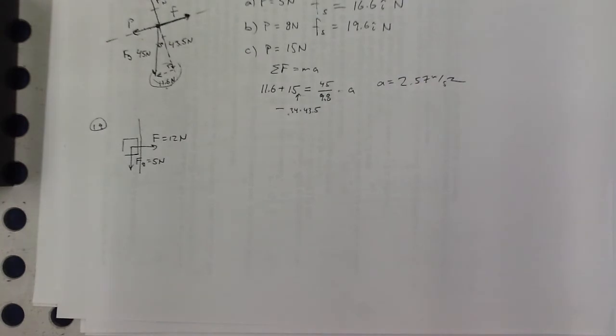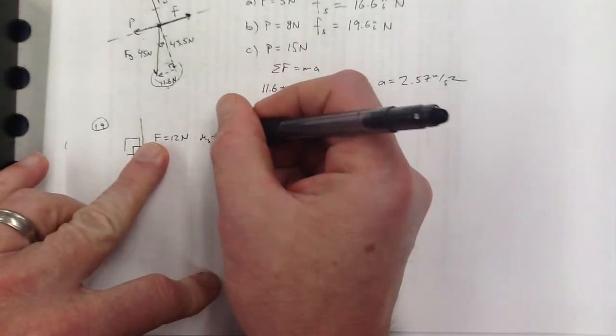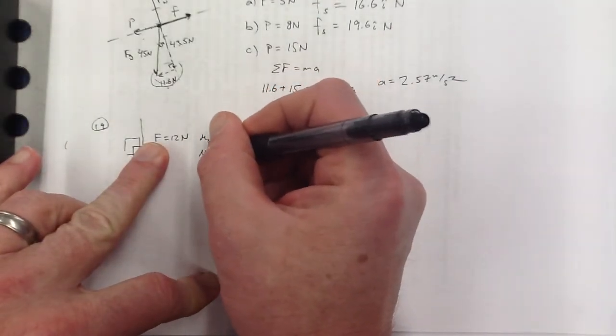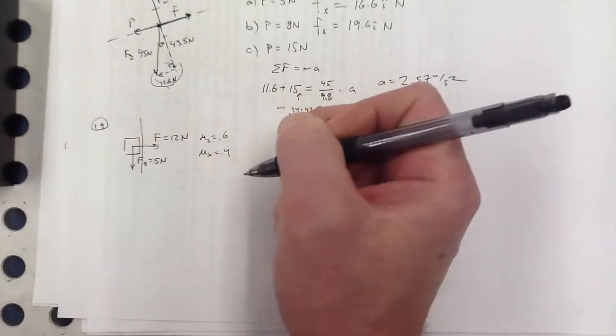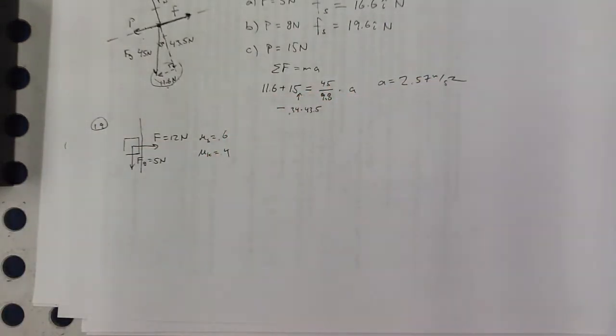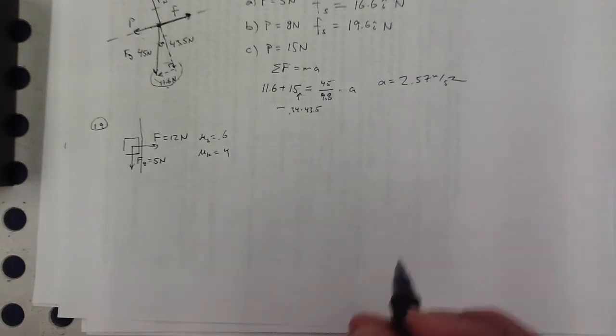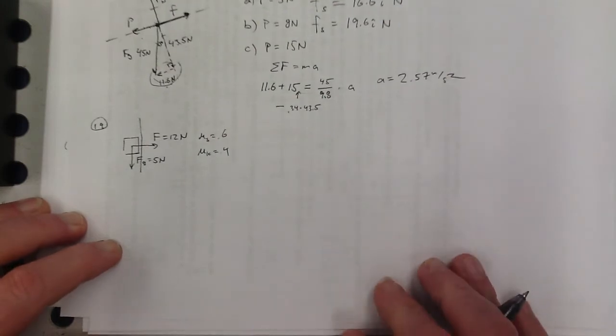The coefficient of static friction between the wall and the block is 0.6, and kinetic is 0.4. Assume that the block is not moving initially. Will it move? And then in unit vector notation, what's the force on the block from the wall? This is positive x-axis here, what we would think.